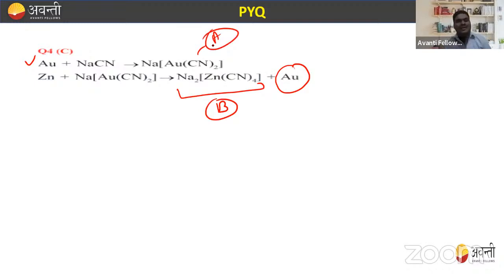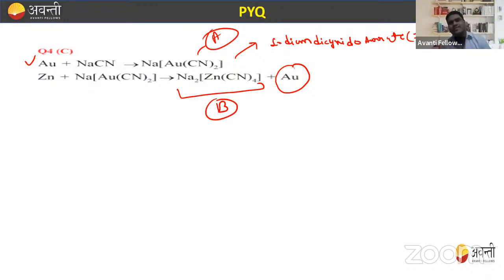Okay. If you write the name, it becomes sodium dicyanidoaurate(I), where the oxidation number of gold comes out to be 1. So this is the name.